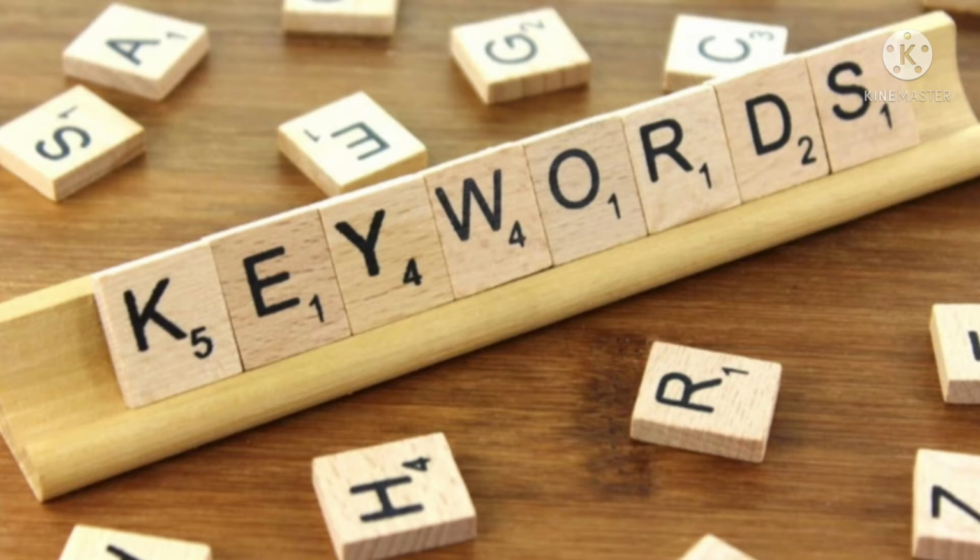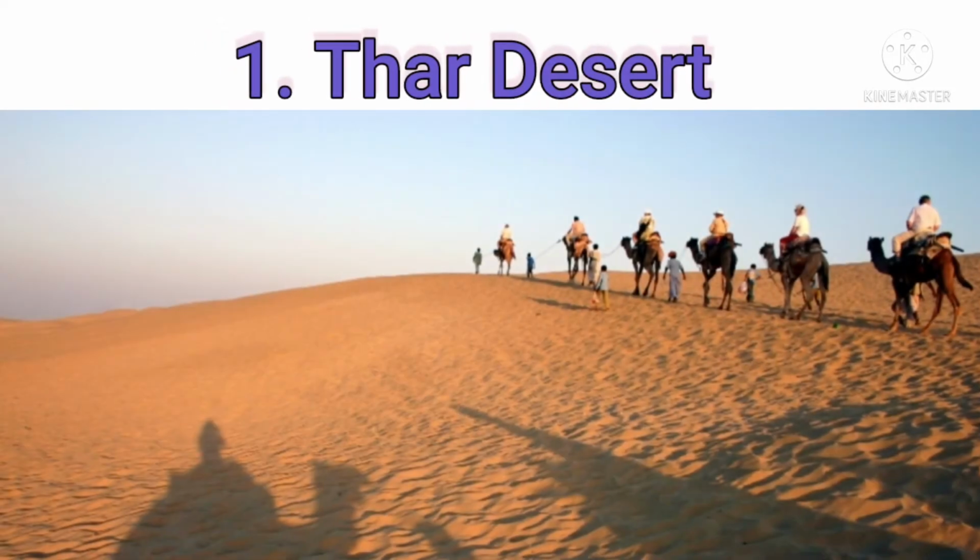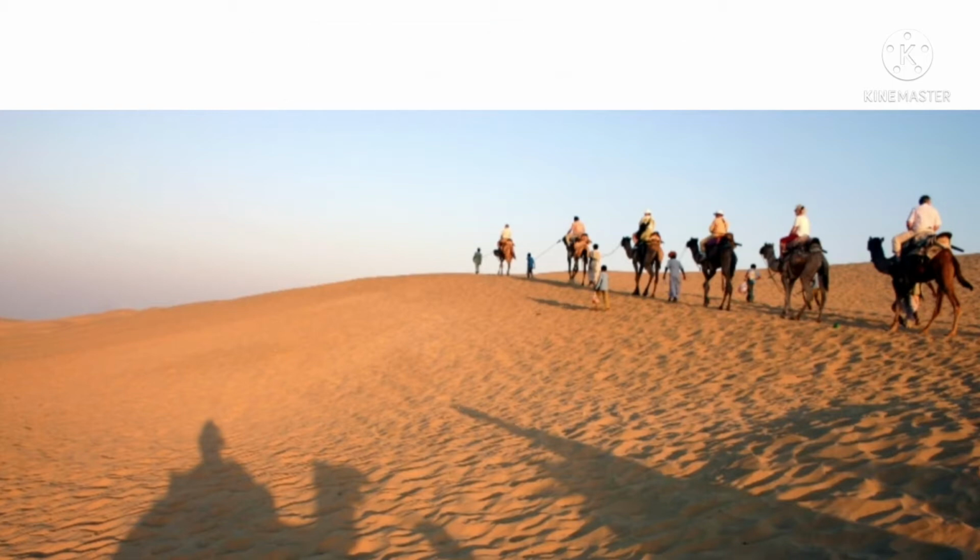Children, the keywords are: the first one, Thar Desert. D-E-S-E-R-T, Desert, Thar Desert. Second one, Sand Dunes.